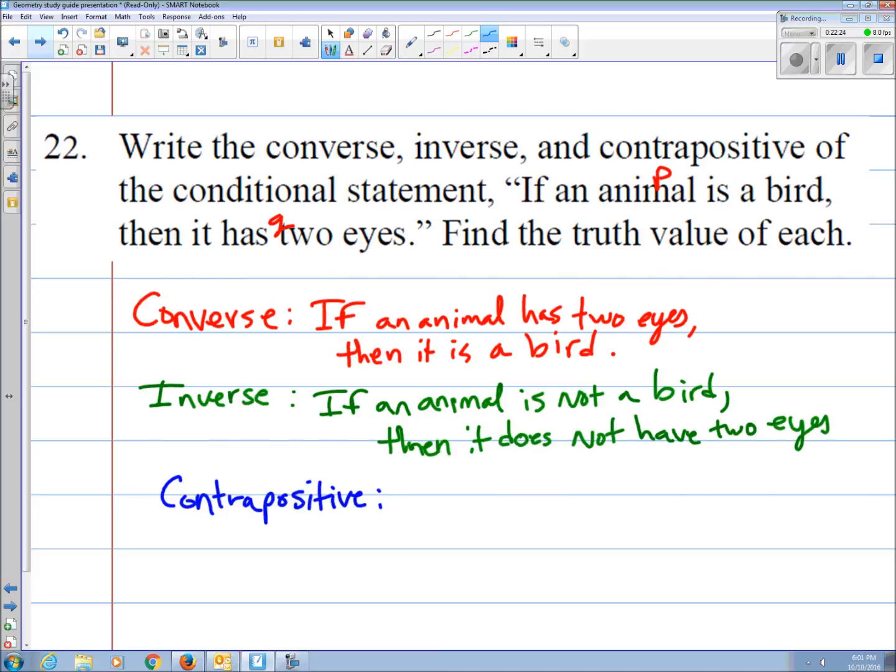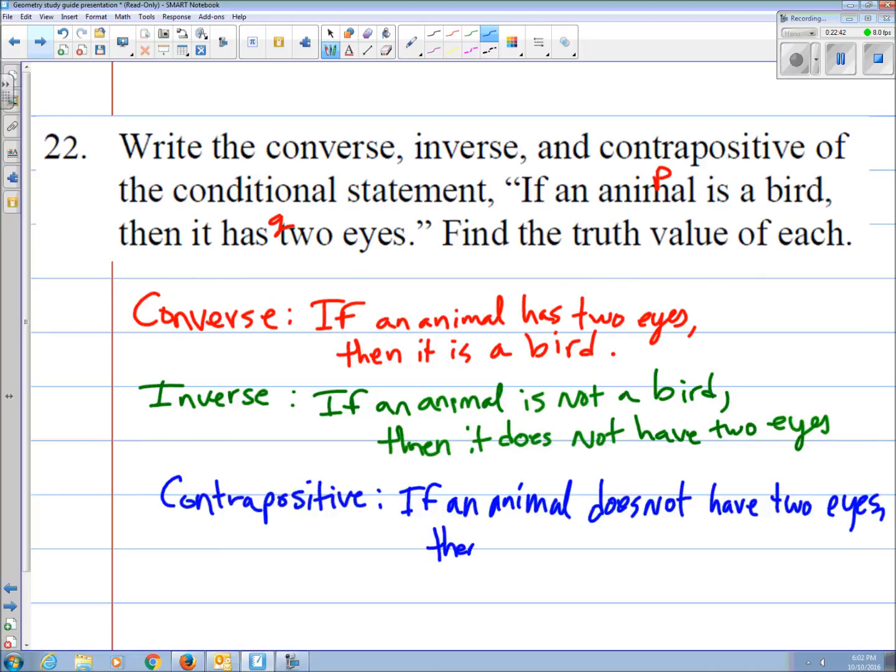So this says if an animal does not have two eyes, then it is not a bird. And that's our converse, inverse, and contrapositive.